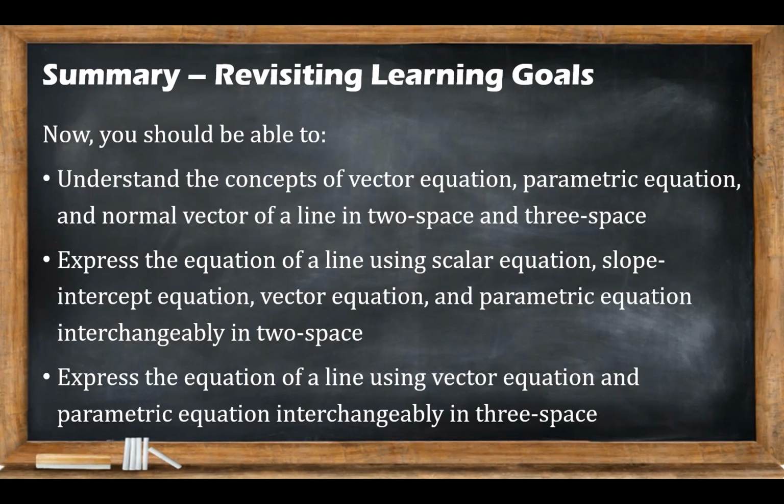Also express the equation of a line using scalar equation, slope-intercept equation, vector equation, and parametric equations interchangeably in two space. And then express the equation of a line using vector equation and parametric equations interchangeably in three space.